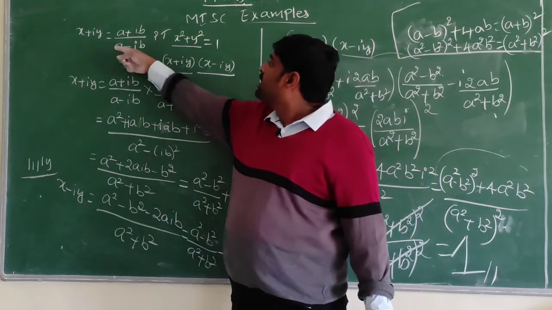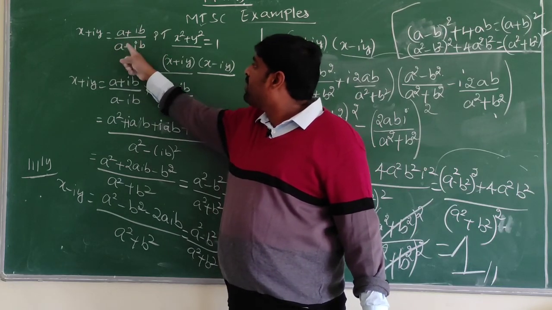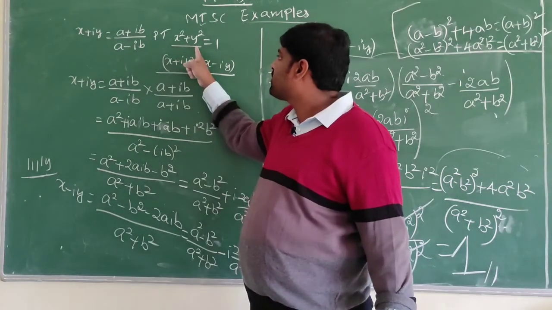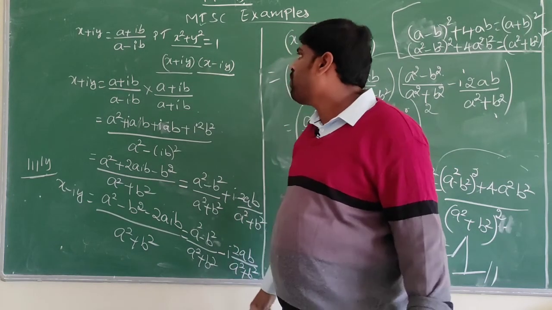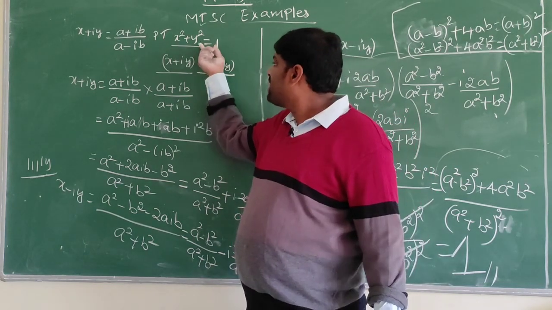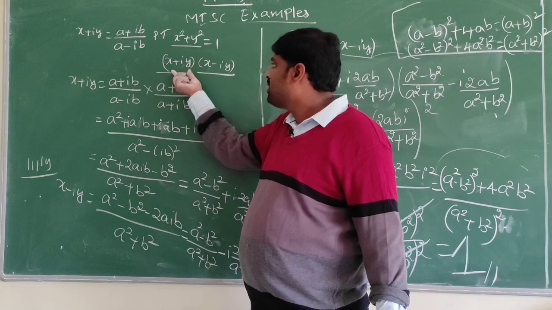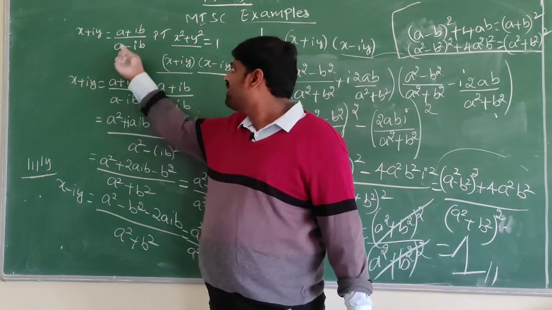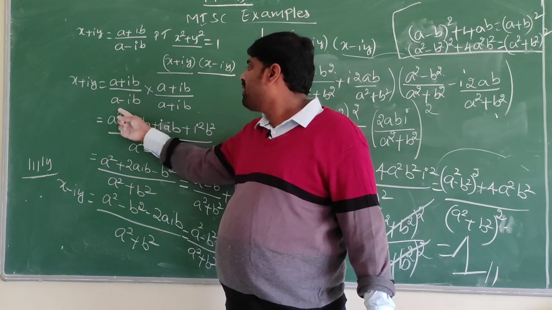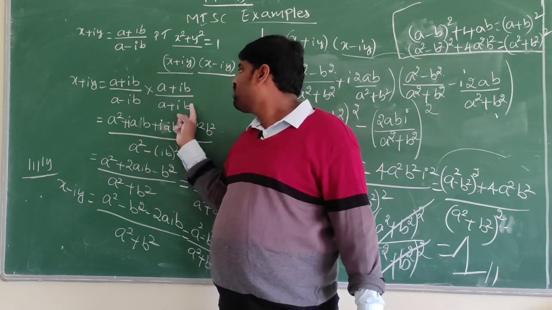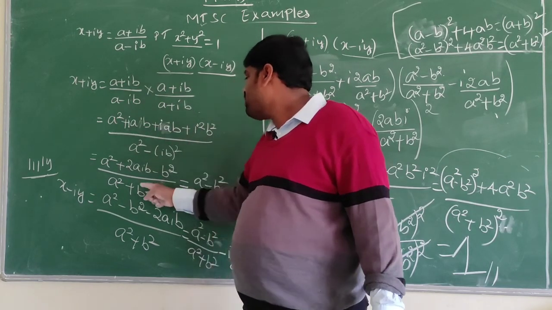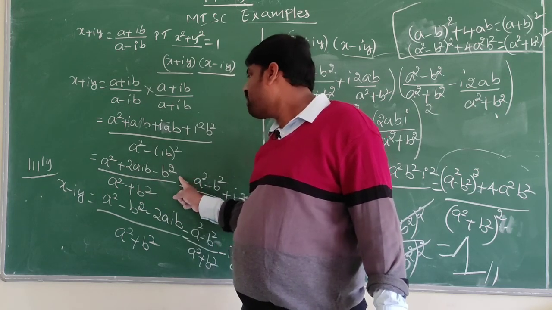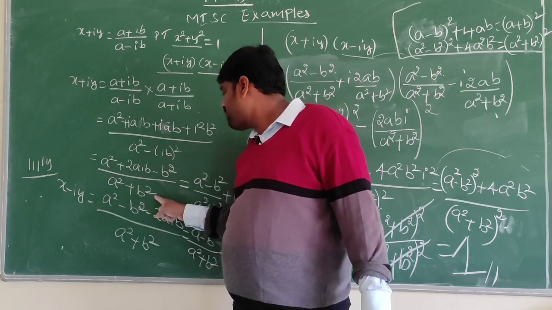So x plus iy equals (a plus ib) divided by (a minus ib). We have to prove that x square plus y square is equal to 1. So x square plus y square is nothing but what? It can be written as (x plus iy) into (x minus iy). So x plus iy, they have given as (a plus ib) divided by (a minus ib). So rationalize the denominator, you will get what? (a square plus 2aib minus b square) divided by (a square plus b square).